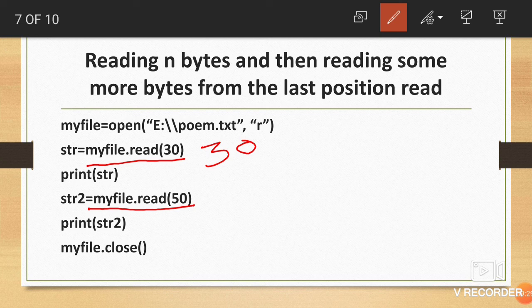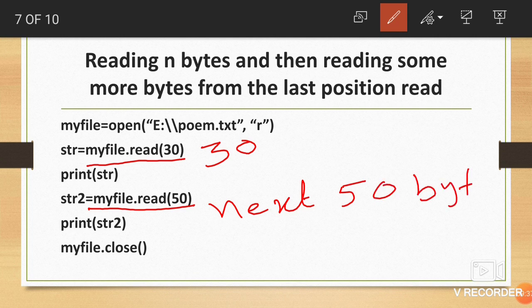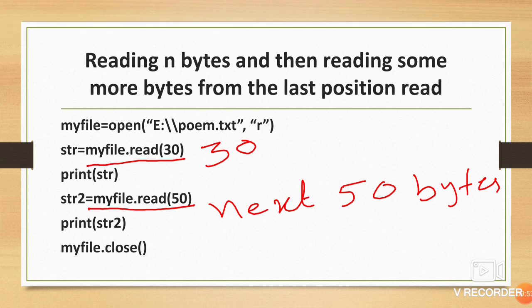Here, by calling the first read function, it will read the first 30 bytes, and when you again call read 50, it will read the next 50 bytes. Now we will see the output of this program.